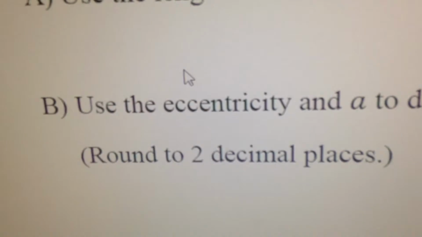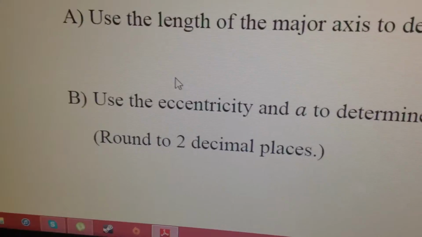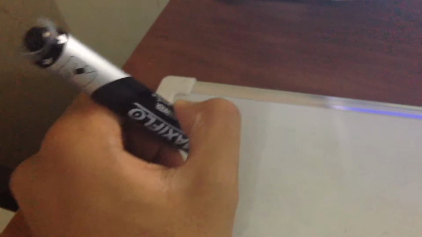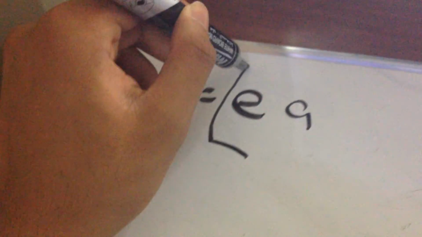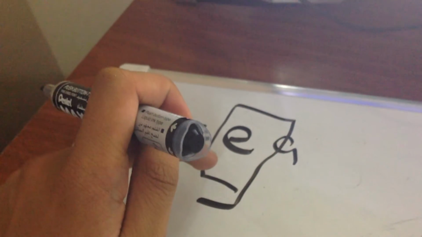Moving next. Use the eccentricity and a to determine the focal radius c, rounded to 2 decimal places. In order to find c, we have this equation: c equals e times a, because e is the eccentricity.